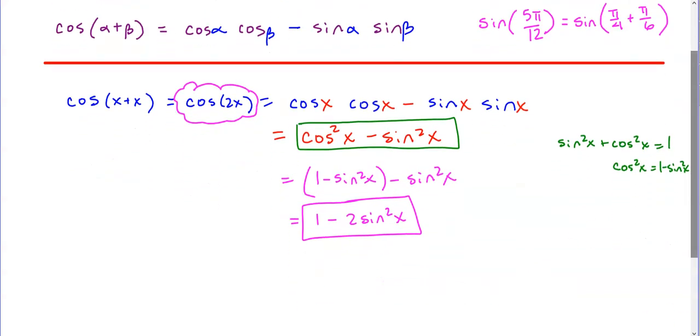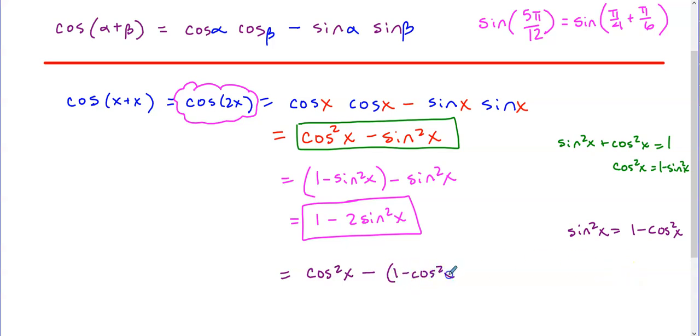Then I can do this one more time. I also know that sine squared x is equal to 1 minus cosine squared x. So I start back up here, and I'm going to keep my cosine squared x, and then subtract the quantity 1 minus cosine squared x.